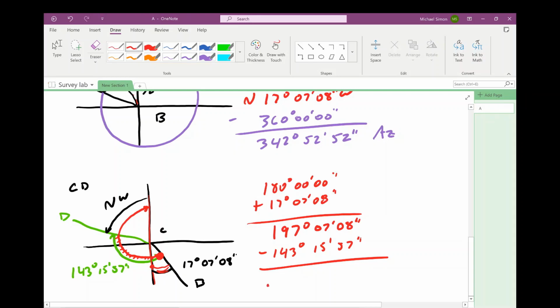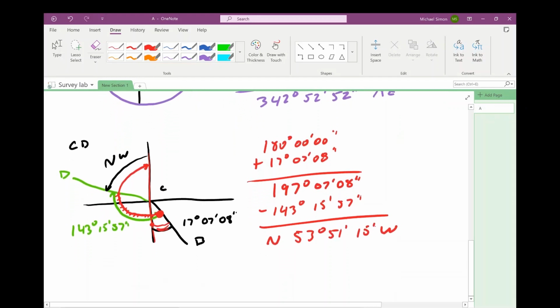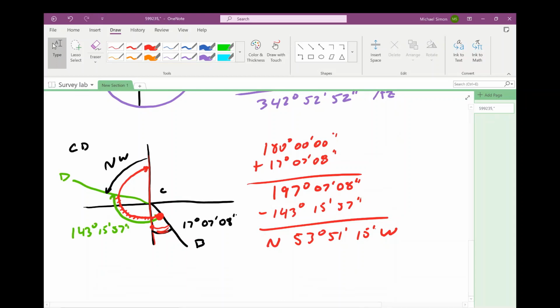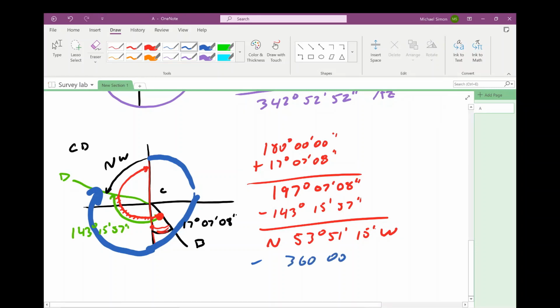And that will leave me with a north 53 degree, 51, 15 west bearing for CD. My azimuth, starting north, go all the way around, I can just subtract that from 360. That would be 306, 08, 49. That's my azimuth.